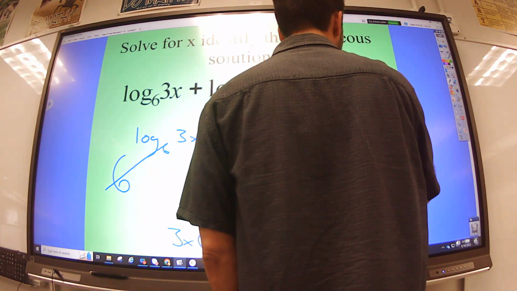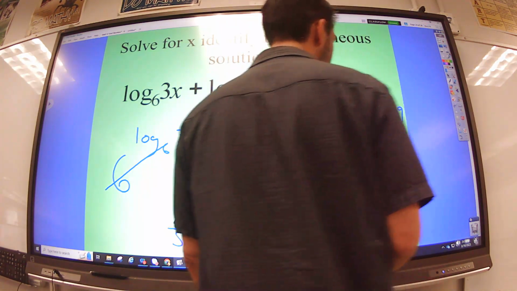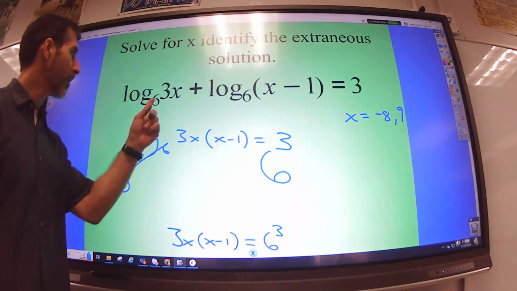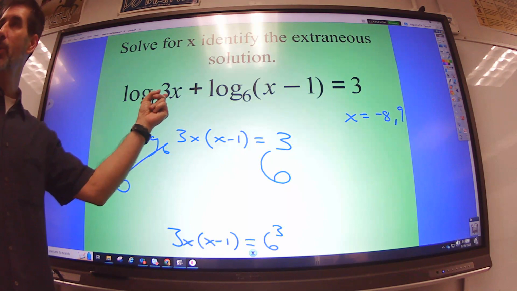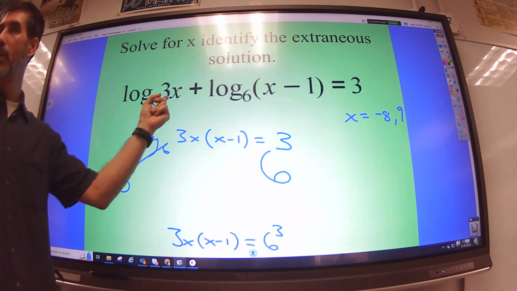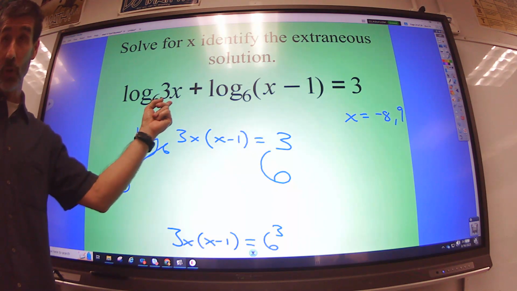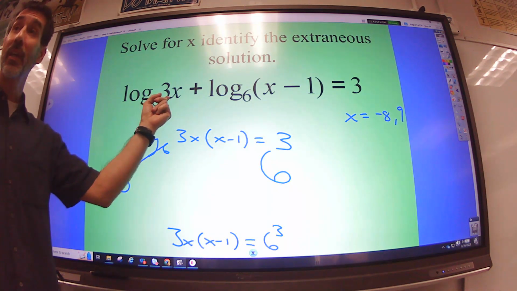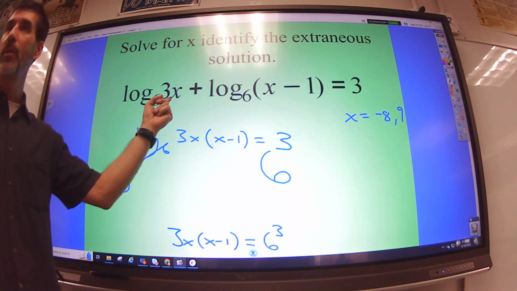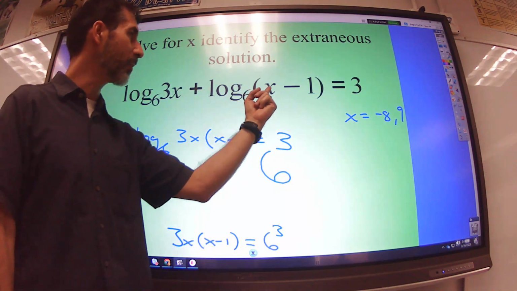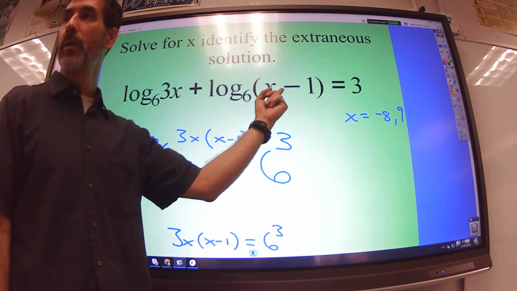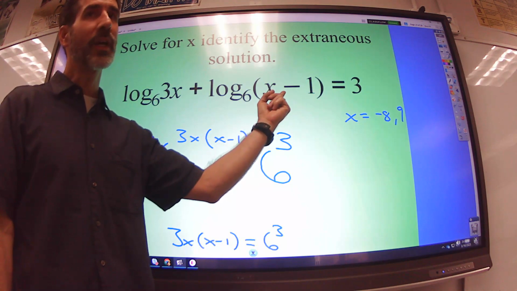No. What if I put a negative 8 here? What's negative 8 minus 1? Negative 9, which is negative. Can this be negative? No. So guess what? Plink, plink, extraneous solution. Let's make sure 9 works. 9 minus 1? 8. Positive. 3 times 9? 27. Positive. So my answer is 9.